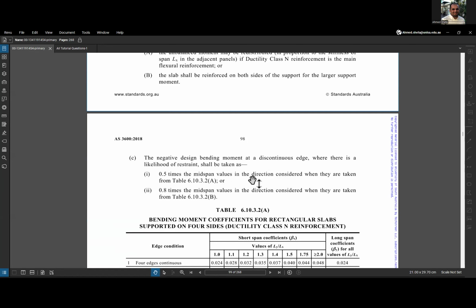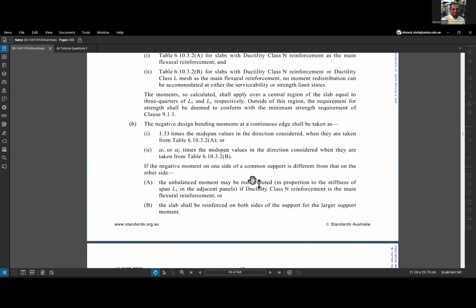Okay, so we have two values of the negative bending moment: 1.33 M* positive at the continuous edge, and 0.5 M* positive at the discontinuous edge.